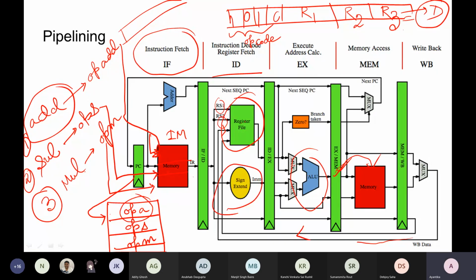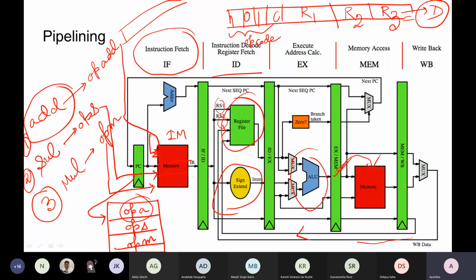So based on that, this instruction decode step is there, and based on that, the next part comes into the picture. This is the ALU part. Accordingly it works. It has to do this addition, subtraction, it will do that. Then from there, memory access. That means I have the result now, from my ALU output. Now, should I store that to memory? If there is a memory access requirement, the value will be stored to this memory.